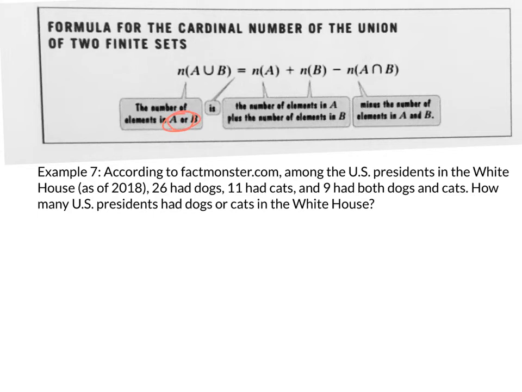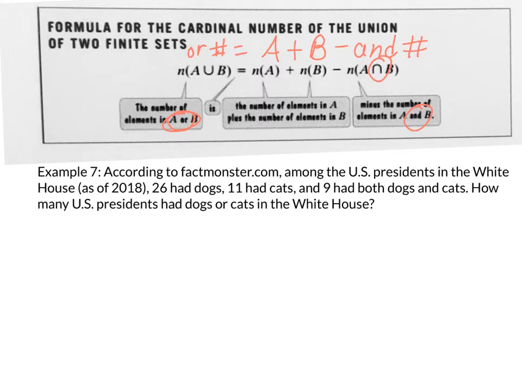So the or number equals the number in set A, plus the number in set B, minus the intersection, which is the and number in word problems in math. So to find the or number, the union, you take the number in one set plus the number in the other set minus their and number, minus their overlap number.